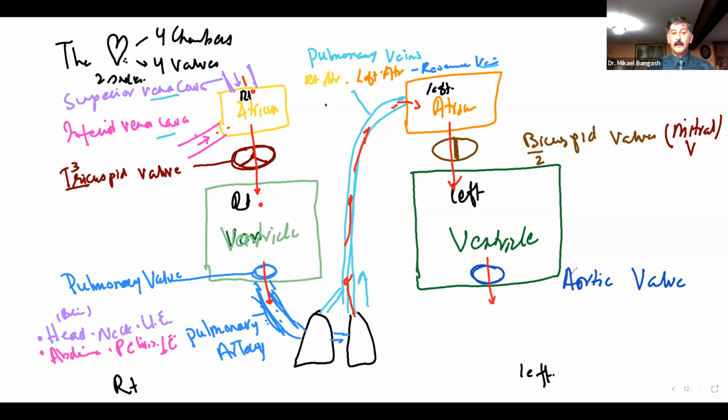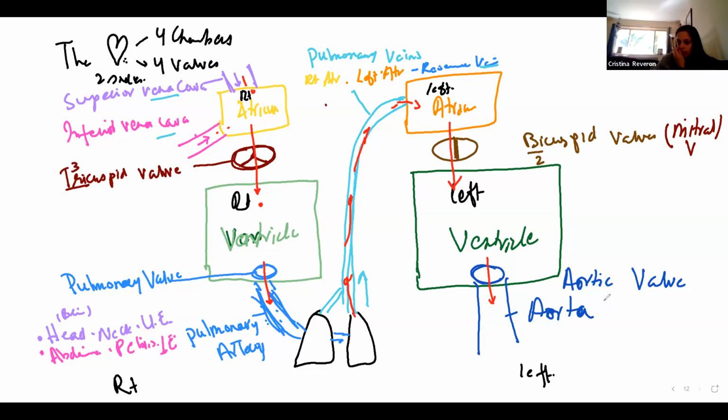And why? Just like the pulmonary valve was called a pulmonary valve because it opens into the pulmonary artery, the aortic valve is called the aortic valve mainly because it opens into the major artery of your body, called the aorta. Did you get that?